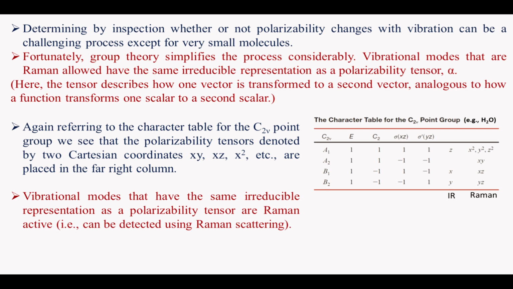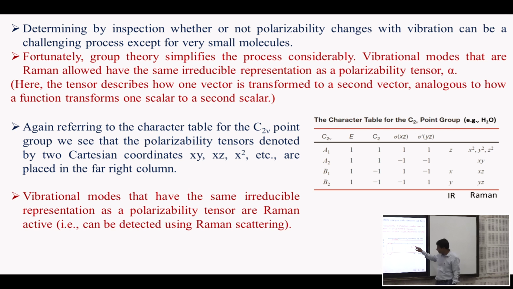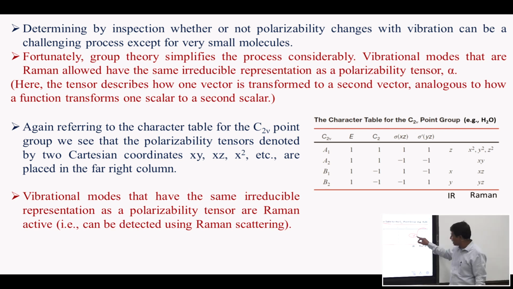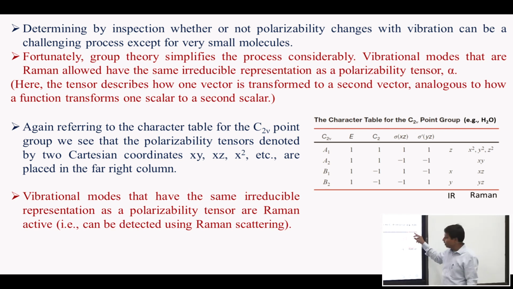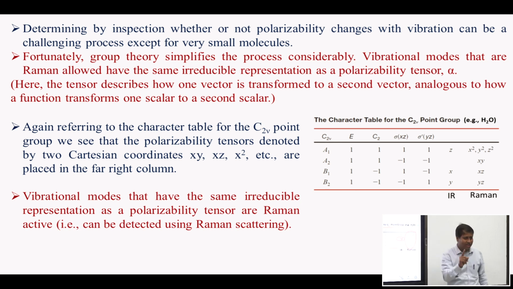Here four normal modes are there, and in that, one normal mode cannot be detected by IR, but all the modes can be detected by Raman. The A2 mode cannot be detected by IR. So if you use only IR, one mode will be missing in your experiment, but if you use Raman, you get that mode recorded.